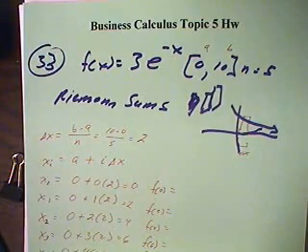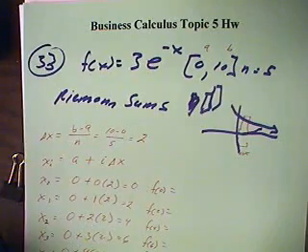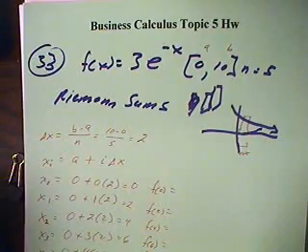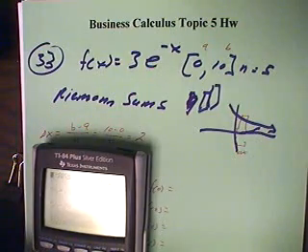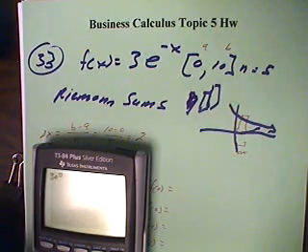Now we're going to need to plug each one of those into the function f. So I'm going to get the function f. It's going to take me a second to actually put that in there. It's 3, my e, raised to the negative x power.